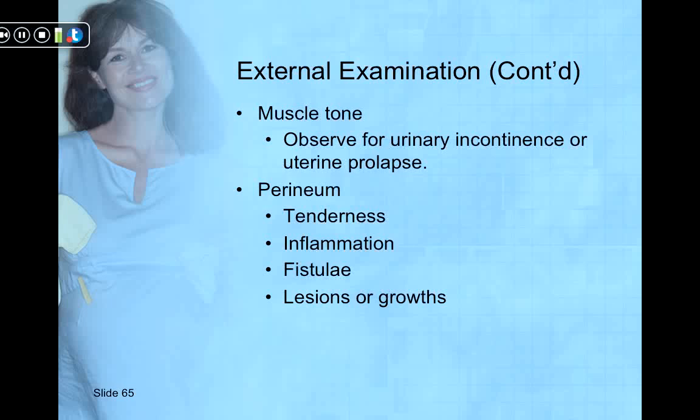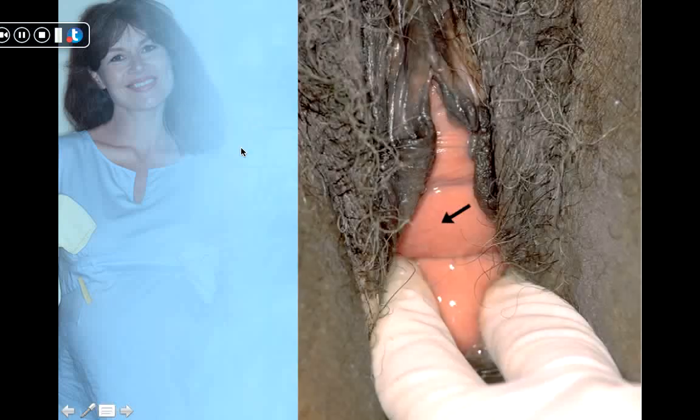Looking at their muscle tone, do they have a uterine prolapse? Assessing what kind of muscle tone they have. Their perineum, any tenderness, inflammation, fistula, lesions, growths, warts, cysts. Okay.